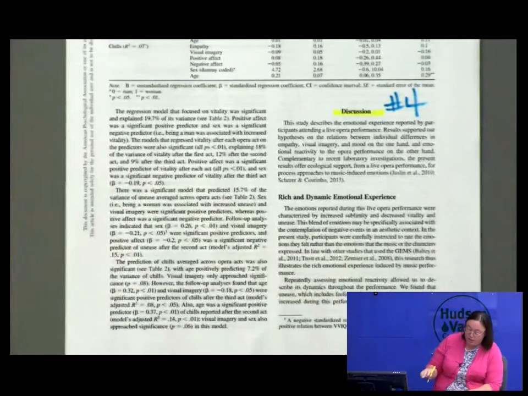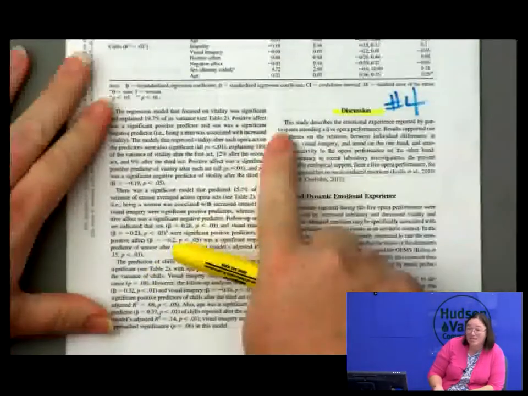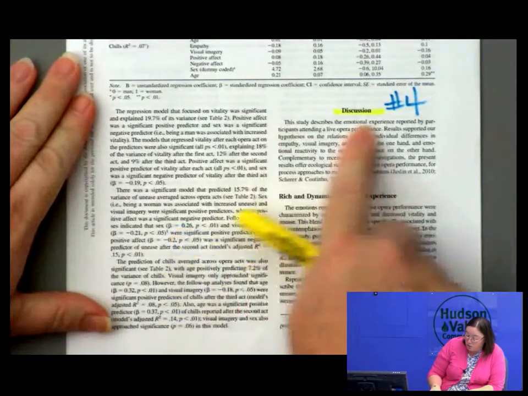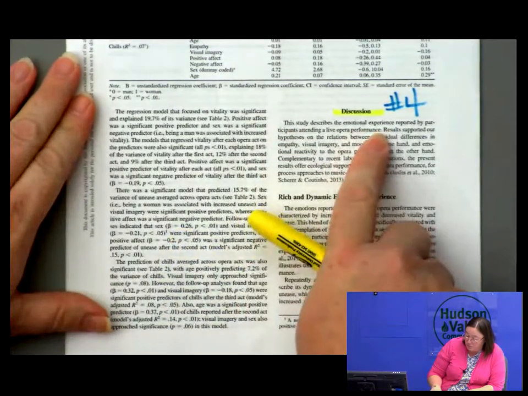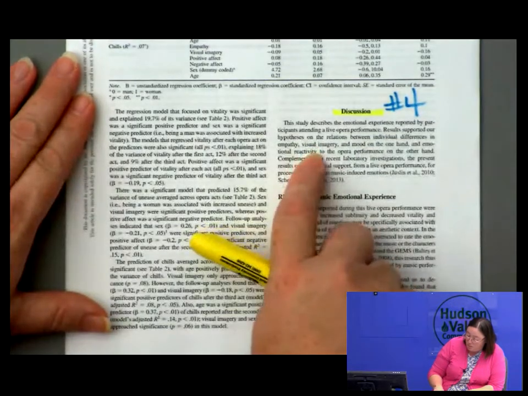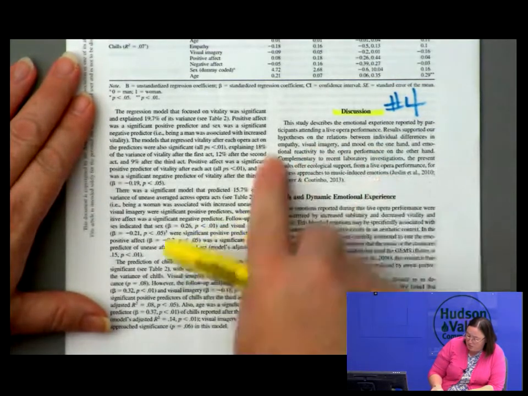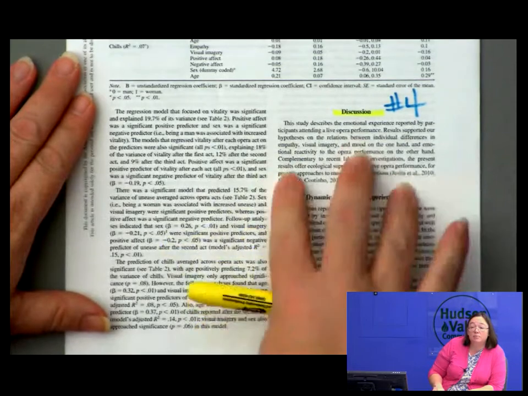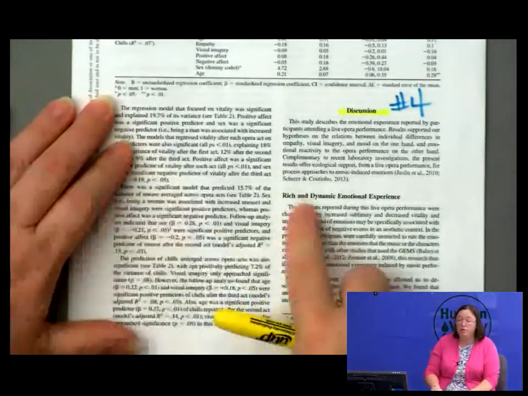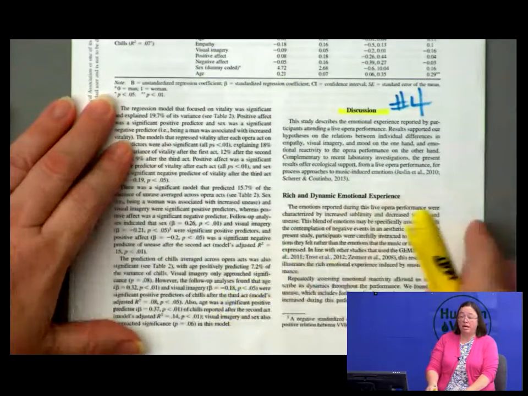So, if we start reading this, you'll see in this study, they do a nice just little summary at the beginning, where it says, this study describes the emotional experience reported by participants. Results supported our hypotheses. But if you'll notice, it's not really very specific, because in this study, what they did was broke out the results under some subheadings here.